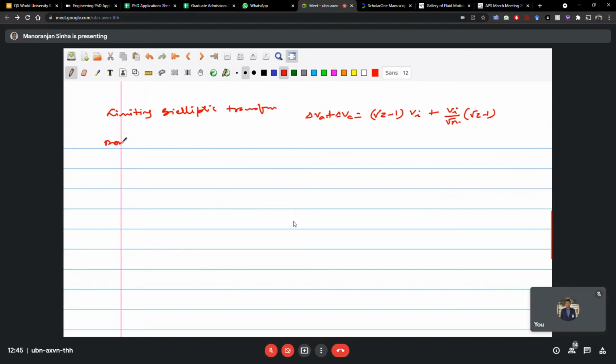And for the non-limiting case, we have to add all of them, and we have written it in a way that delta VA, delta VC and delta VB are all positive. Negative quantity is not allowed here.